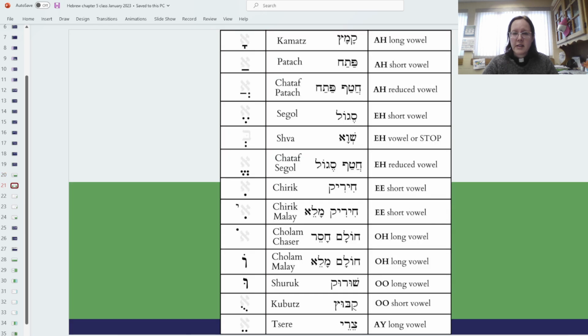The next are the vowels. We've really focused on the sound of the vowels and how they are written and how they look.